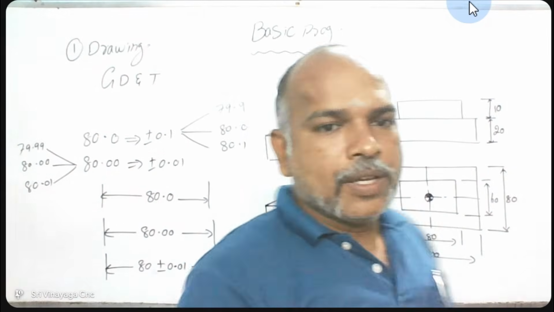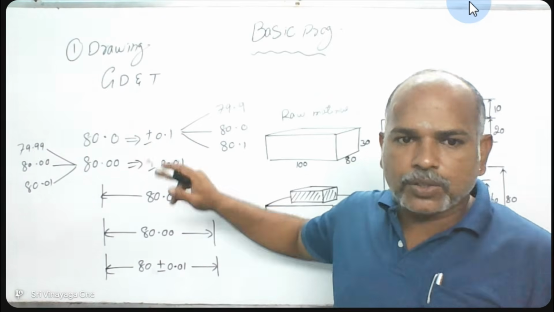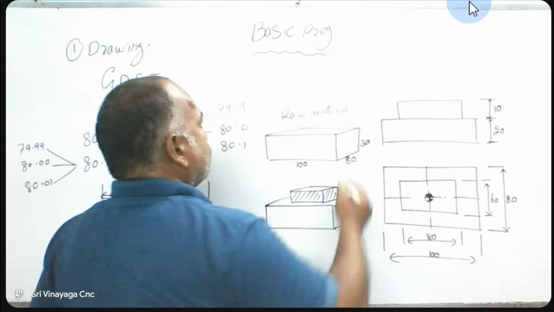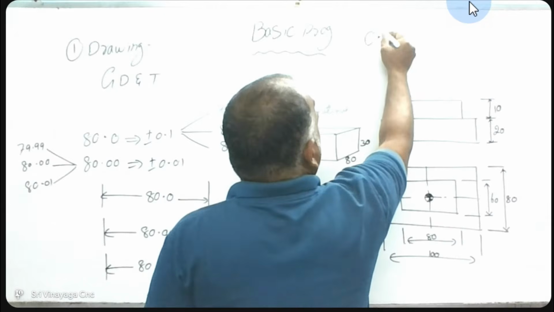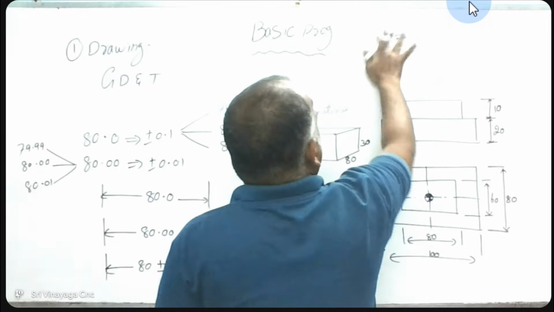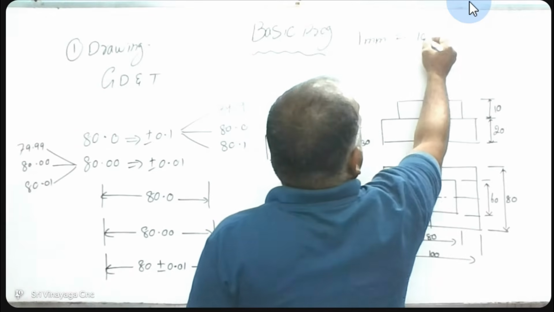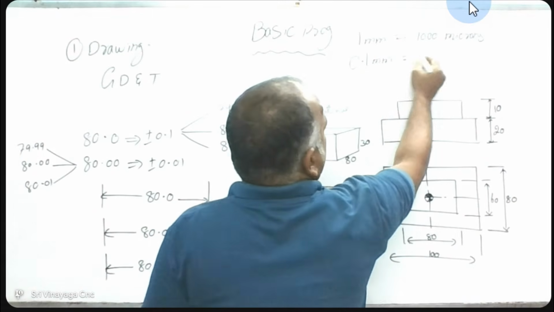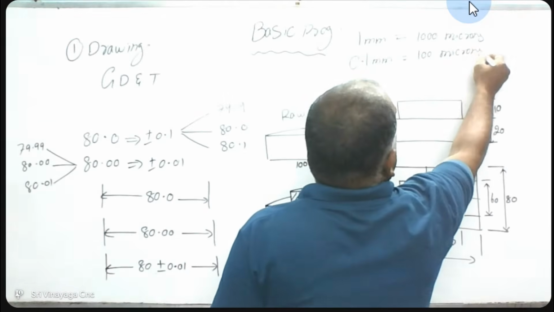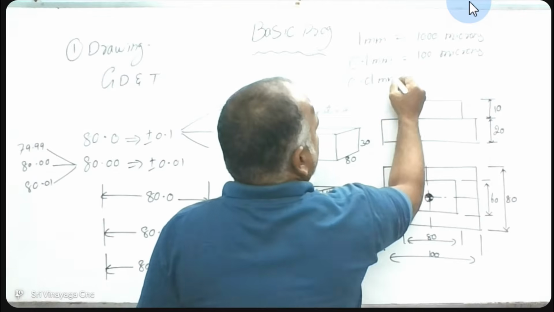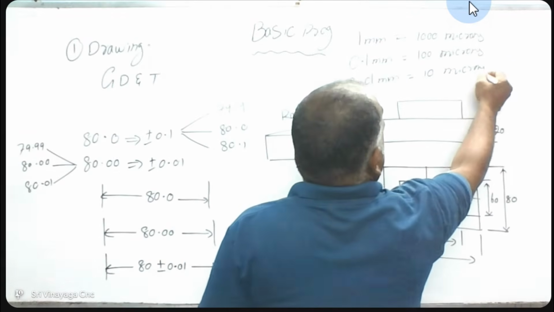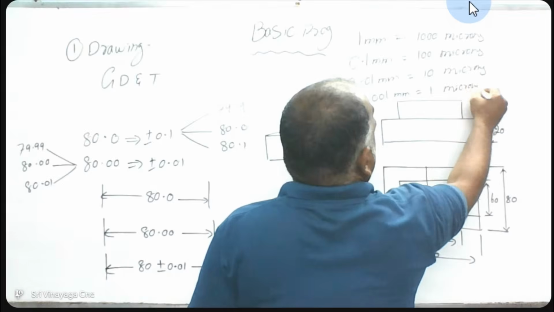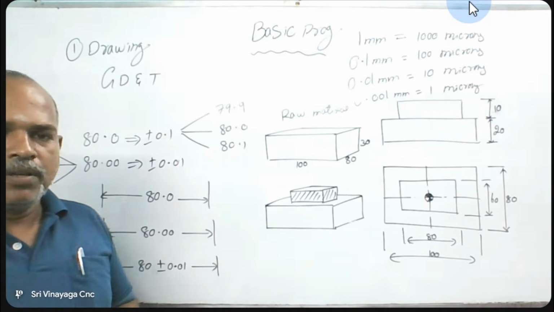This is 100 micron tolerance, this is 10 micron tolerance, and if it's 0.001, then it's 1 micron. 1 mm equals 1000 microns. 0.1 mm equals 100 microns. 0.01 mm equals 10 microns. 0.001 mm equals 1 micron.